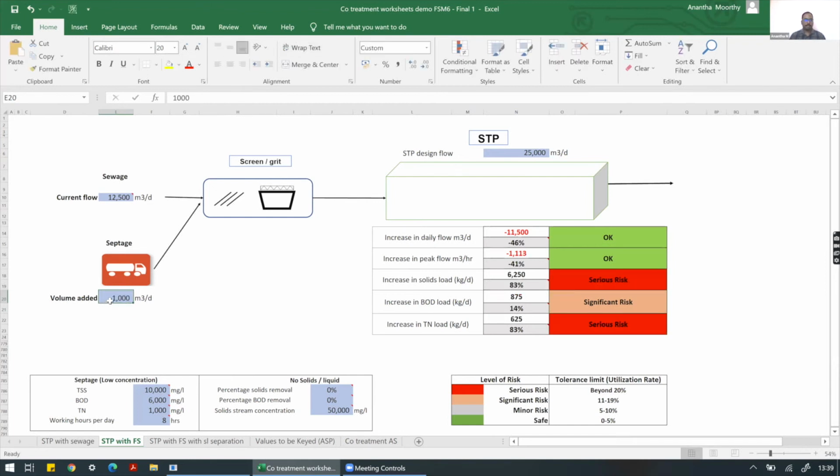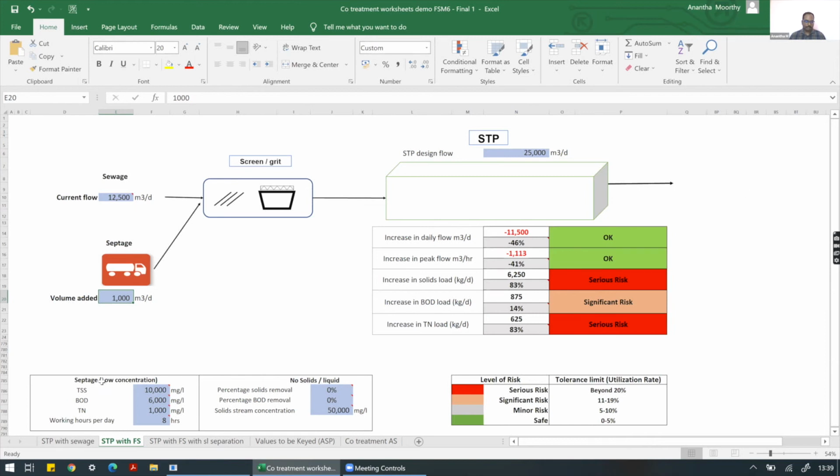Once we feed that data, you can see there are 5 indicators provided, each with 2 values: the level of utilization, and whether it is exceeding or under the design capacity of the STP. Accordingly, based on the risk, there will be different color codes, which we will see now in detail.